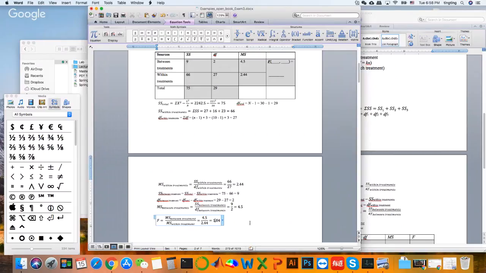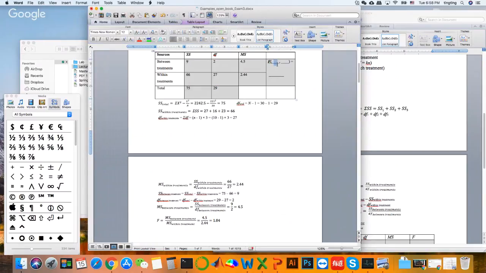Okay, so here we need to report the F together with its degrees of freedom. So the first degree of freedom is the degrees of freedom of the numerator. The numerator is the between treatment component, right? So it's 2.